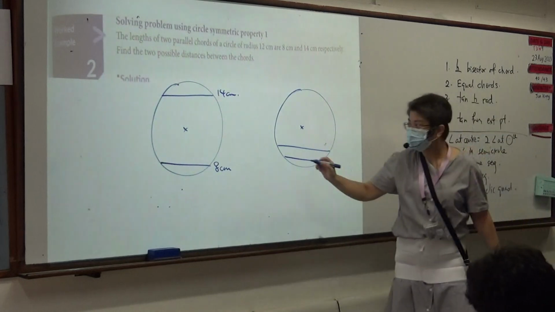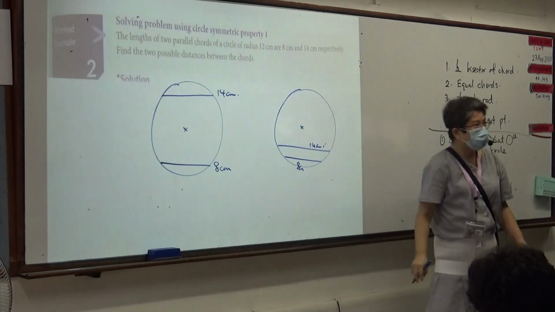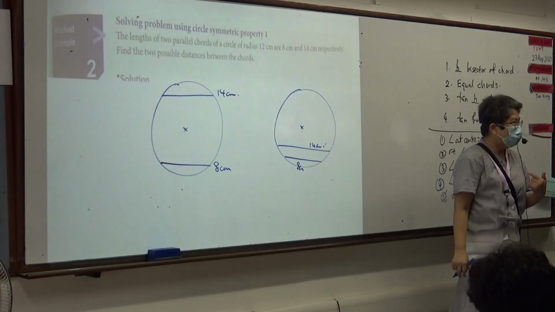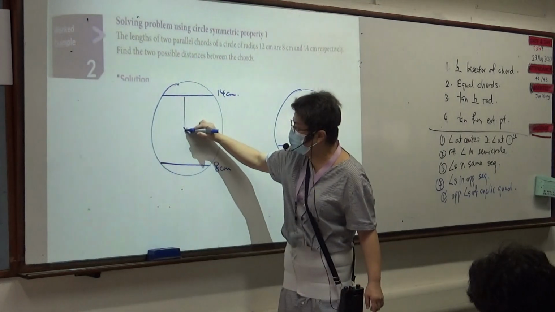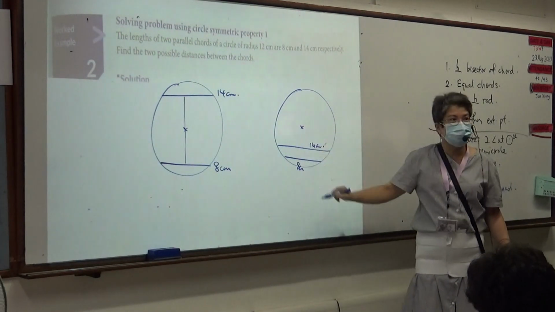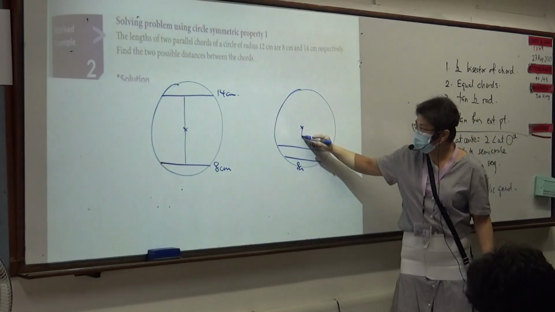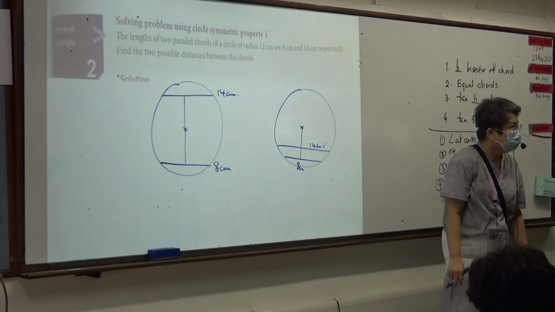Can you see it? Are we clear? Okay. Now, if I want the distance between these two, is this one plus this one, right? What about if I want the distance between these two? I must find this, then I find this, I minus off, right? Can you see? Yes or no?